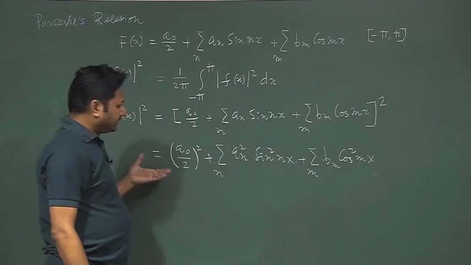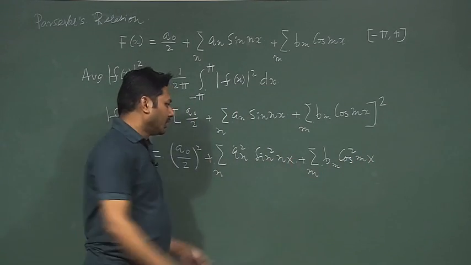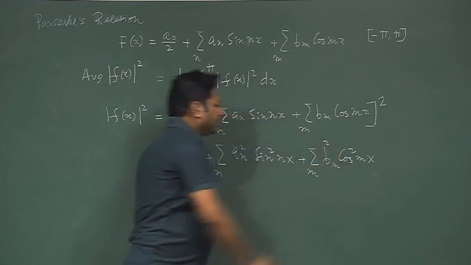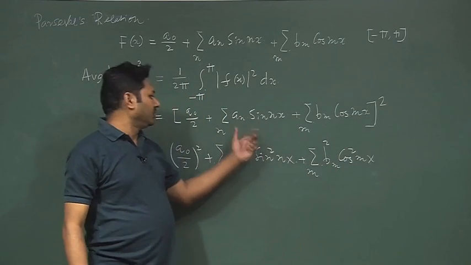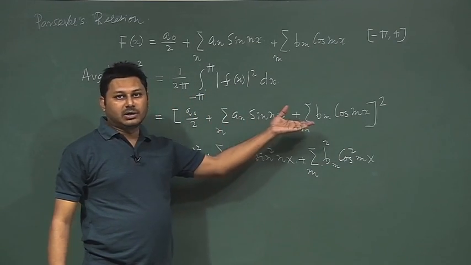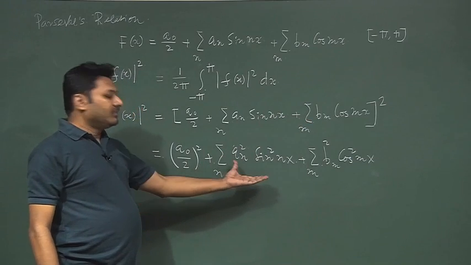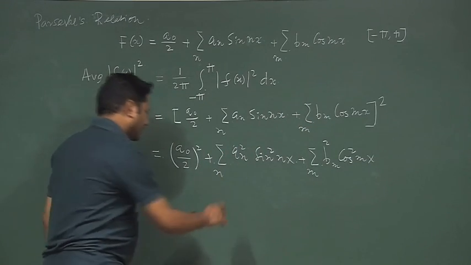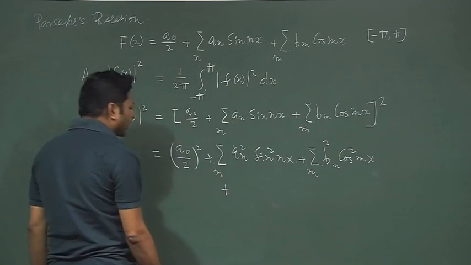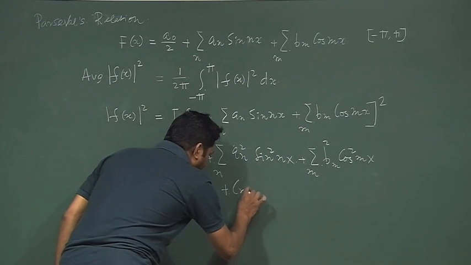This is the first part, the square term, because if you start multiplying, you will get this square term, this into this, this into this; there are an infinite number of terms, you should mind. But apart from that, there are other terms which are cross terms. I should write it as cross.